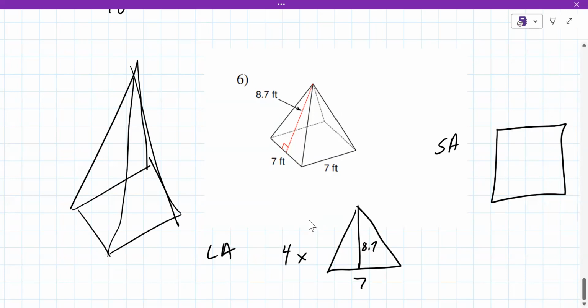Okay, and then you add the base, so that'd be 7 times 7, which is 49. 49 plus 121.8 is 170.8 feet squared would be the answer.